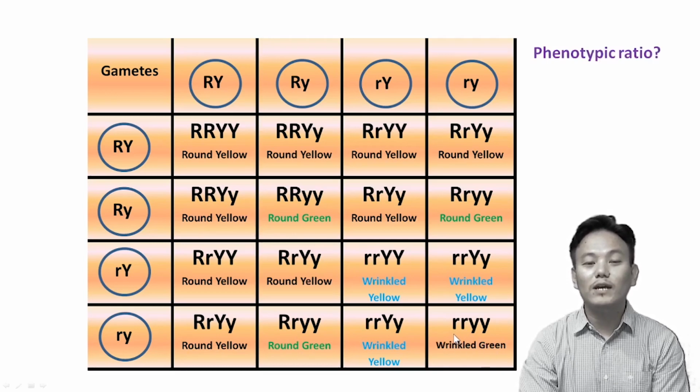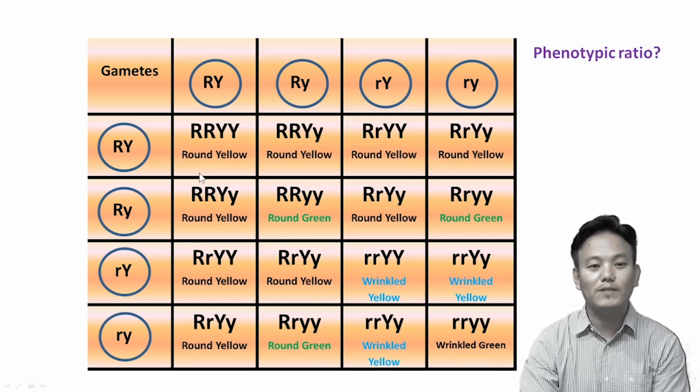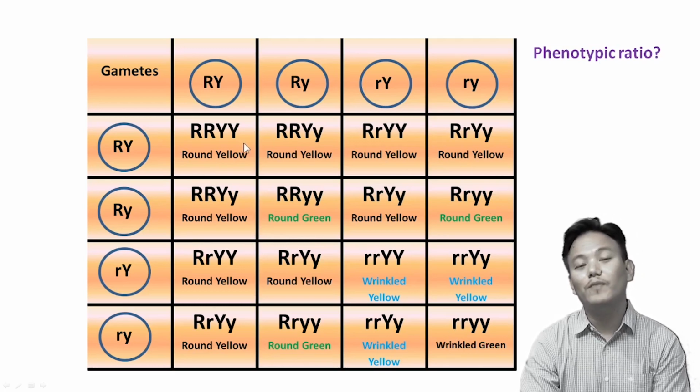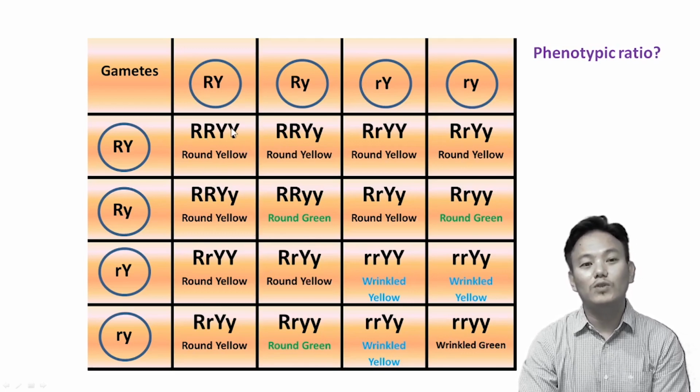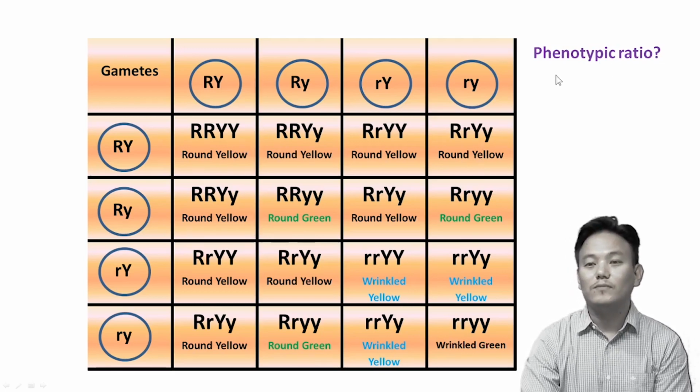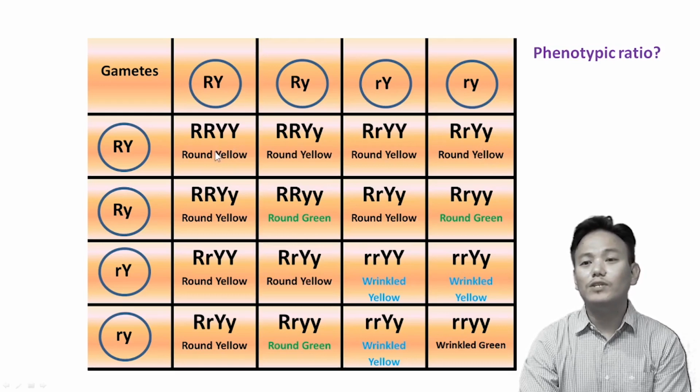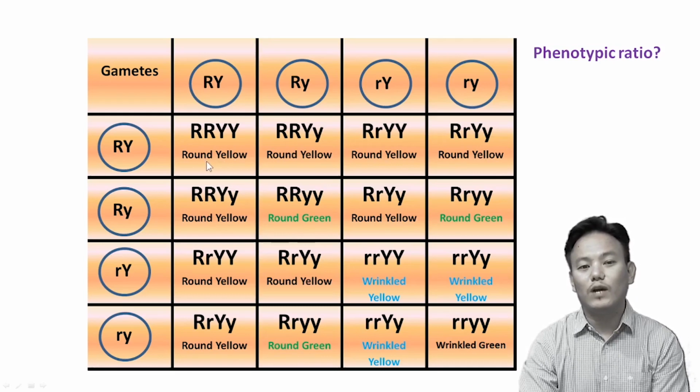Now, what is the phenotypic ratio of the F2 generation? So all these boxes, they represent the genotype and the phenotype of F2 generation plants. So the F2 generation plants, they have got different phenotypes, right? So we have to find out the phenotypic ratio. Let us look at this one. So we have got round and yellow, right? Round and yellow seed shape and color.